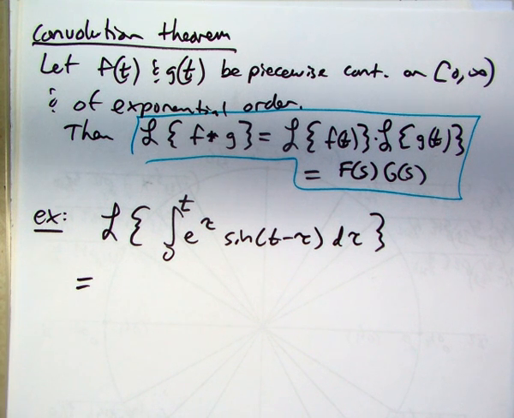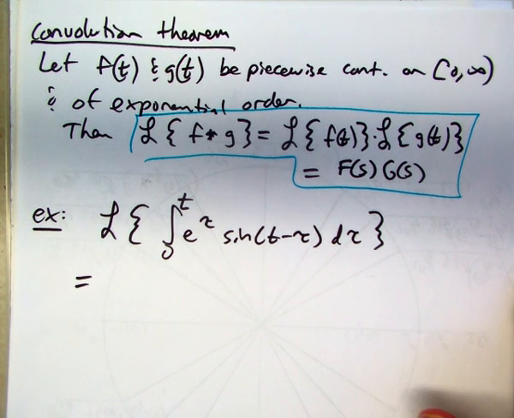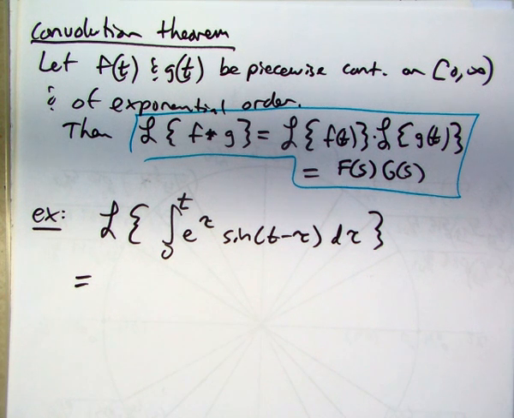Okay, so we did the hard part already, but now that we have the convolution theorem, if you recognize what two functions are being convoluted, you don't have to do all that integration by parts a couple of times and then do it the long way.